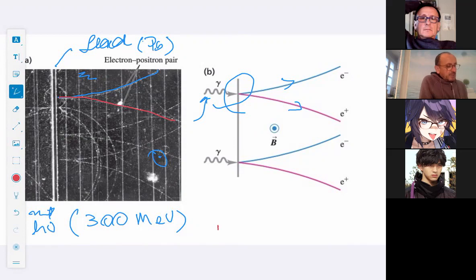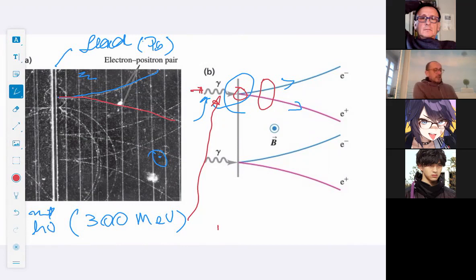This gamma ray, this radiation is this 300 MeV gamma ray. It doesn't have any charge on it. It's a photon, it's light, it doesn't have charge. So the outgoing thing should not have charge either. Well, if you sum the charge of the electron plus the positron, it doesn't have charge. So the charge is actually conserved at this point. Okay. So it happens that one is negative and the other is positive, but nonetheless they are conserved. What other things should be conserved?